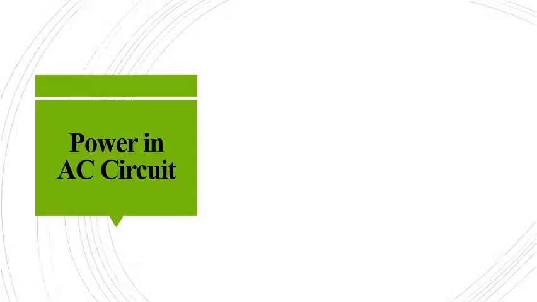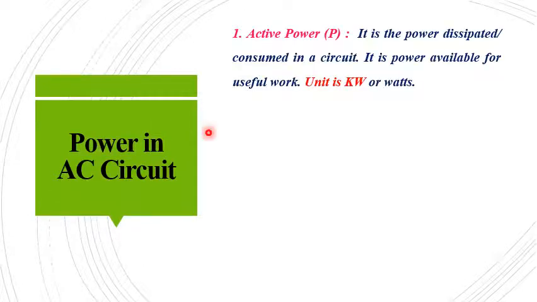So first let's see what is active power. Active power is the power dissipated, or in other words the power consumed in an electrical circuit, or we can say that it is the power available for useful work.